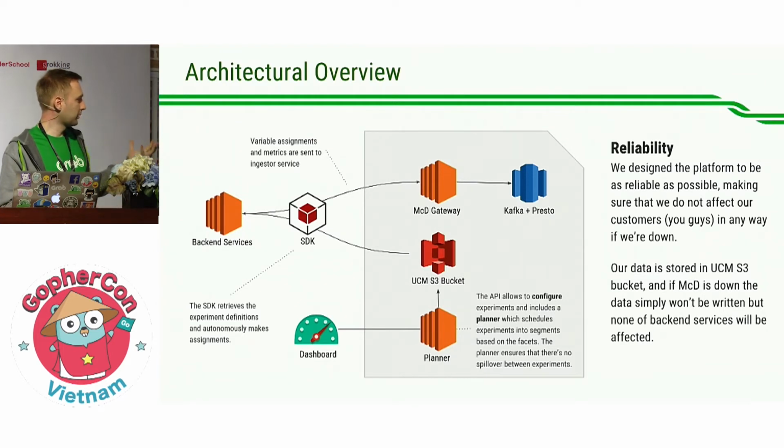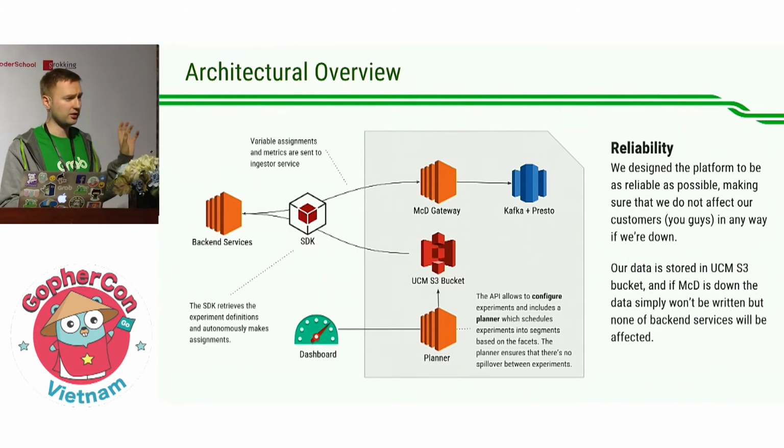Then we have a planner service, which orchestrates all the planning and scheduling of the experiments, and does heavyweight validation to make sure the experiments don't interfere with each other. That's our core logic, and a lot of work goes into the planner service, right? But at the end of the day, they just create JSON files. So the SDK doesn't care.